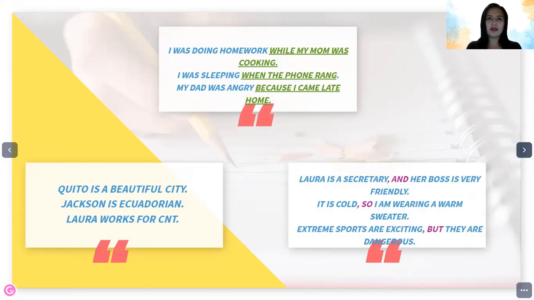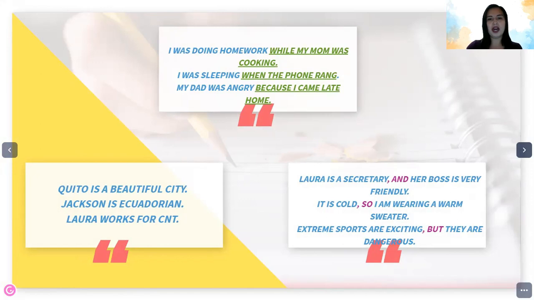But if we are talking about virtual classes, I would like to show them the slides as I'm doing to you. In the first slide, as you can see, we have the different kinds of sentences without the title, without the definition, only the examples with their particularities.